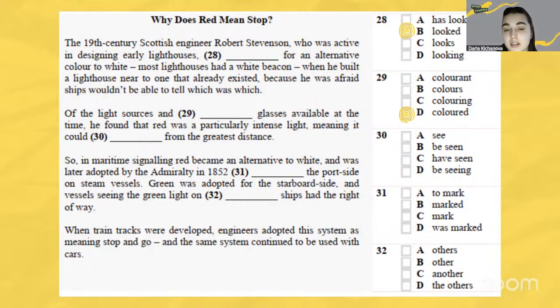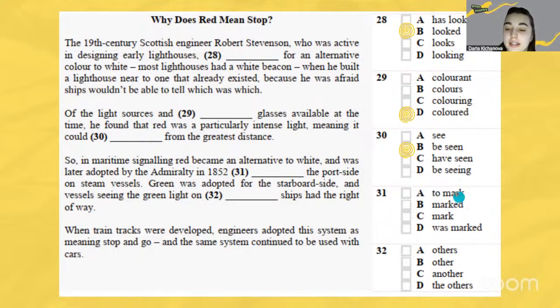I think it is easy to understand that we don't need to have seen and see, because after could, and when we are talking about light, can't see, so we need to have with you passive voice, and the passive voice here is be seen. So it could be seen from the greatest distance. Okay, please pay your attention that here we need to use passive voice.